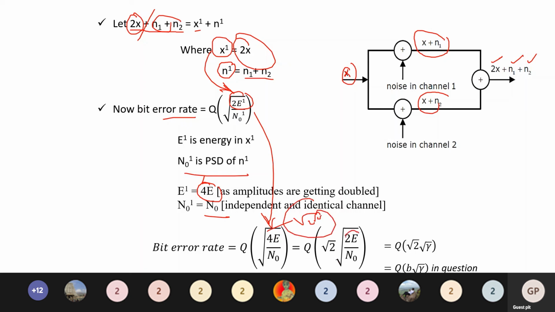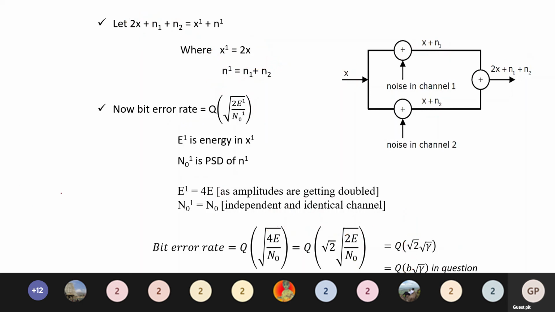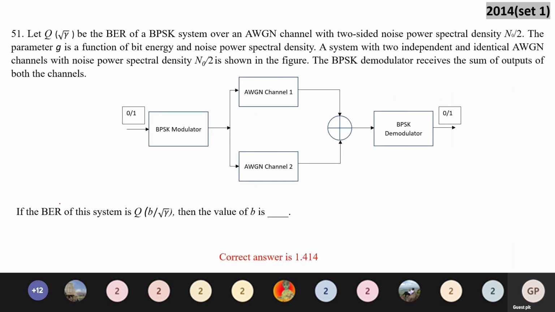As a result, here we have the original bit error rate formula. Apart from this gamma value, once you compare this equation with the equation given in the question, we get B equal to root 2. So that's the answer. That's it.